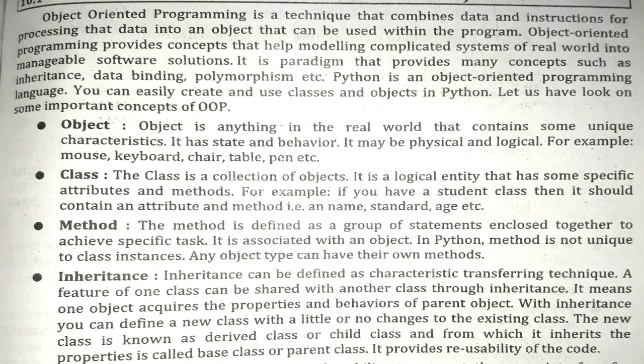Suppose we have class A and there is one method which I want to use in class B also. If we did not have the concept of inheritance, then we would have to create the same method again inside class B, right? So why write the same code again and again?